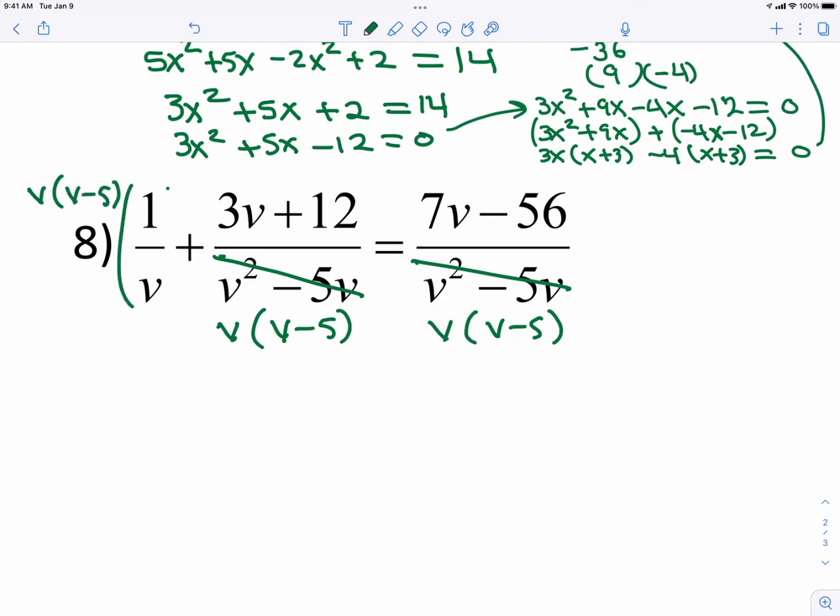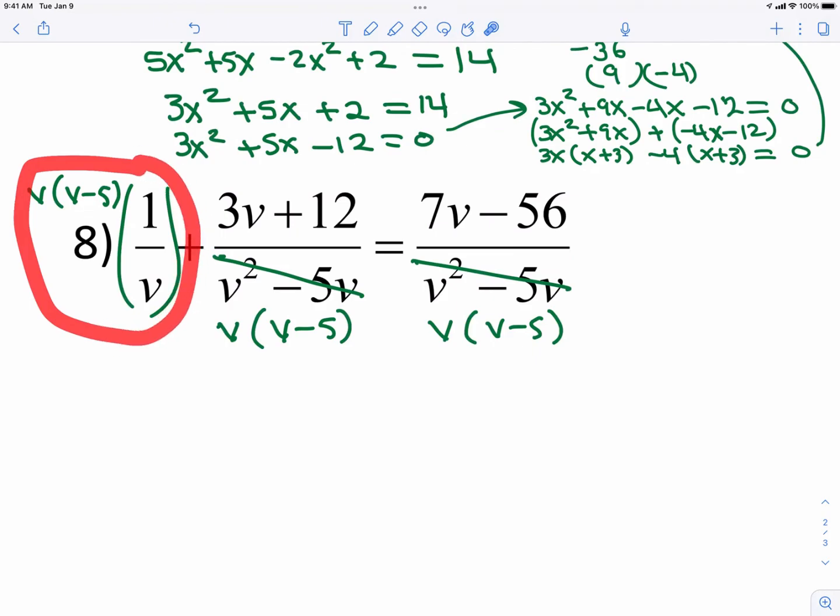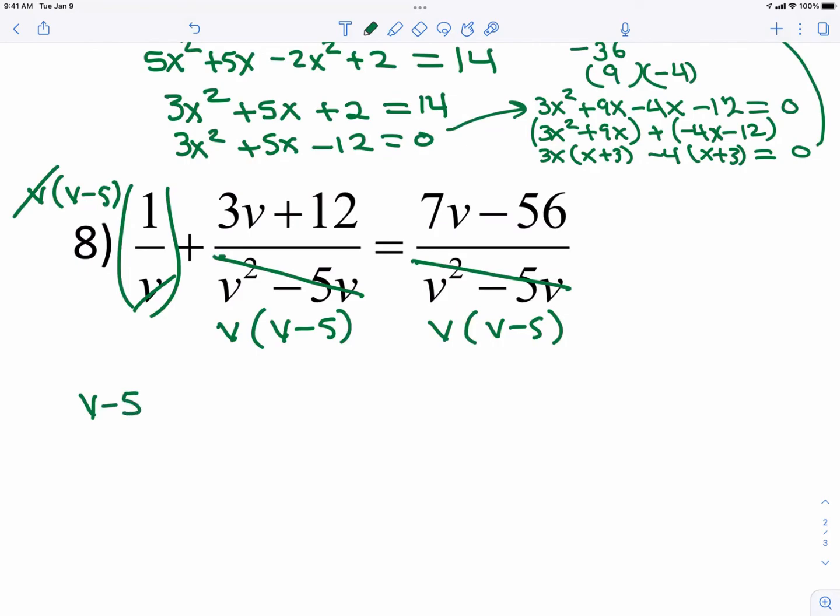Okay, so when you multiply this first fraction times v minus 5, the v's cancel each other, and that leaves us with v minus 5 times 1, which is v minus 5, plus, all right, and then we're going to multiply this fraction times v minus 5, and that causes both the v's and the v minus 5's to cancel, leaving us with 3v plus 12.